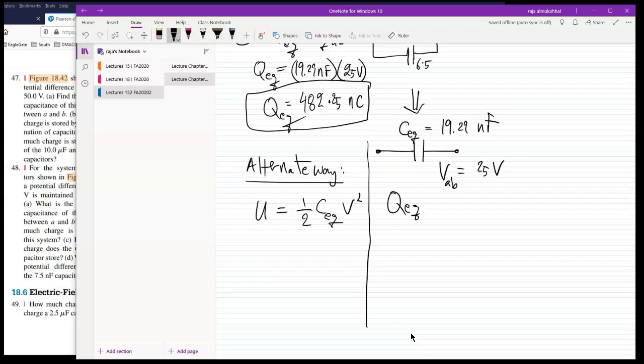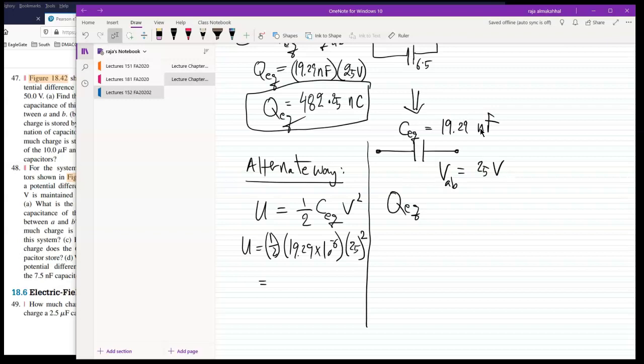So in this case, U is equal to 1/2 C equivalent. I got it to be right here, 19.29 times 10 to the negative 6 times the voltage is 25 squared. Now this will give me how much energy in joule. You see what I'm saying? So let me calculate that.